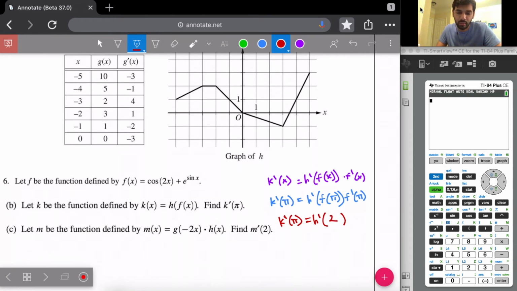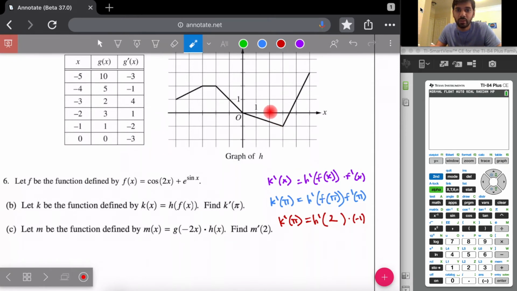And then I need to find f prime of pi. Take the derivative of these. You can work this out on the side on your own, but if you take the derivative and plug in pi, you'll end up getting a negative 1. So multiplied by a negative 1. To find h prime of 2, I need to go to my graph.